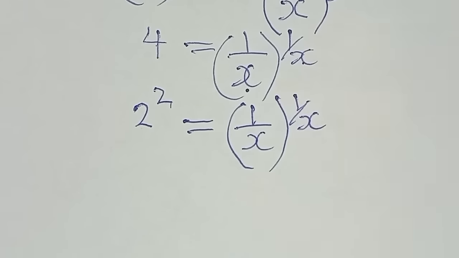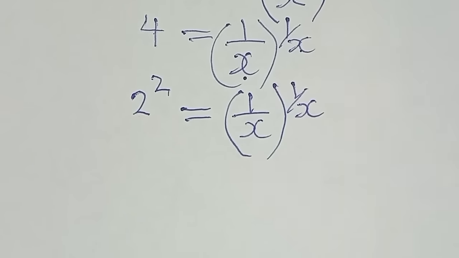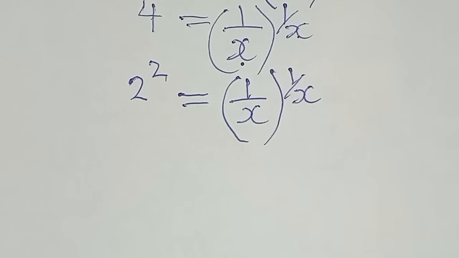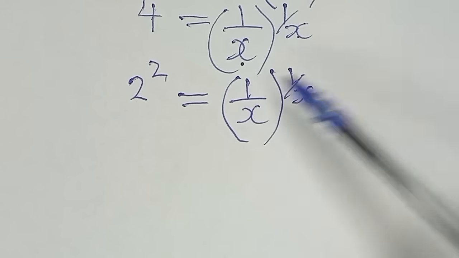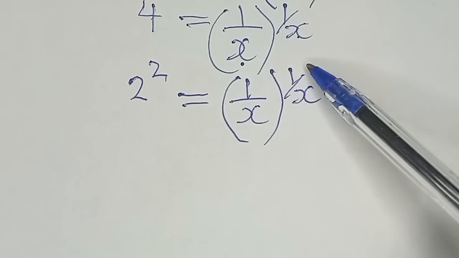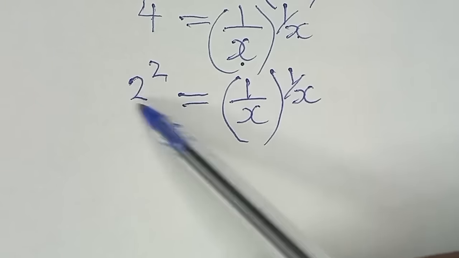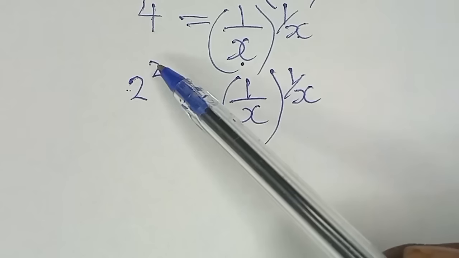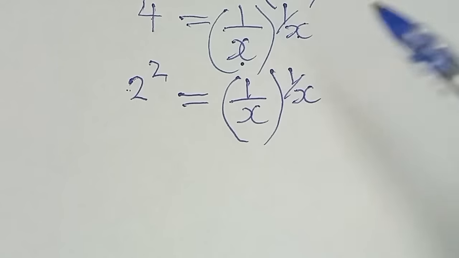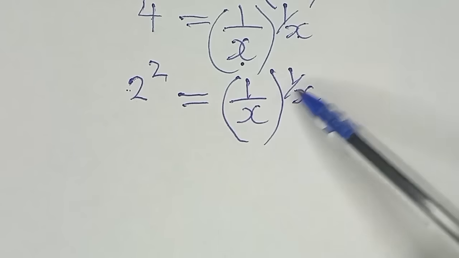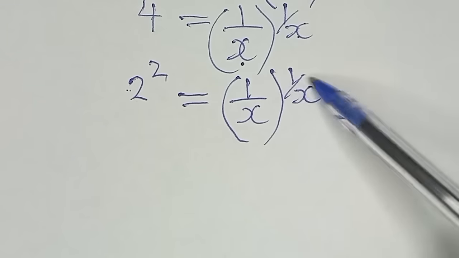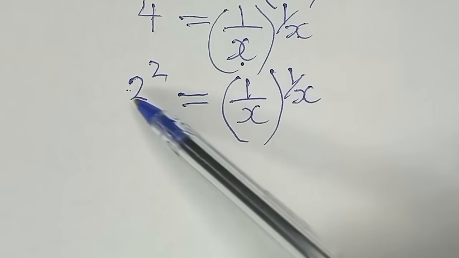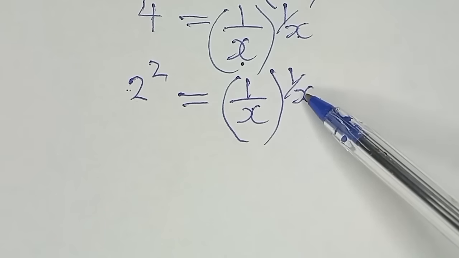So now we are getting very close to the answer, because you agree with me here now that the base here is equal to the power here. In the same way, the base here is equal to the power here. So when you have a situation where the base and the power on one side, and then on the other side also have the base equal to the power, then in that case, we can now compare directly.